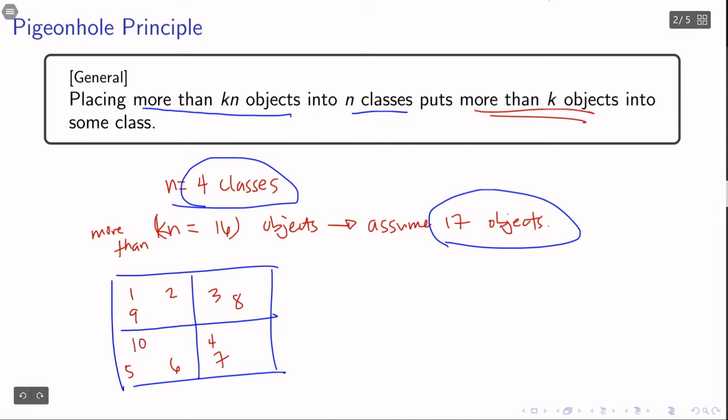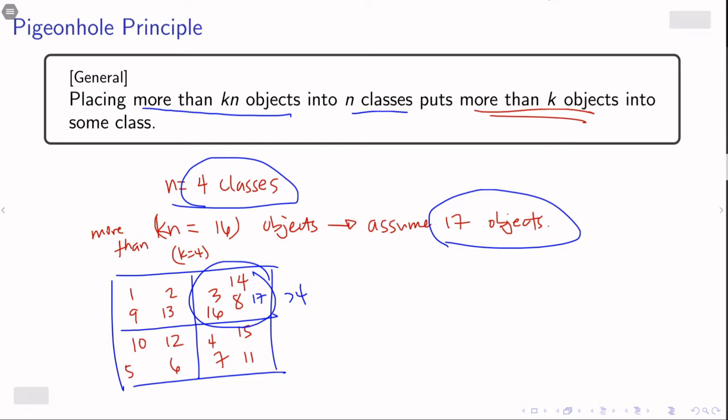And you can keep on doing this, but it should quickly become apparent that you're not going to be able to put all 17 of them without one of the boxes getting more than 4 things. Right? So k equals 4 here. I guess I should have picked a different number just to better illustrate the statement, but one of the boxes has more than 4.